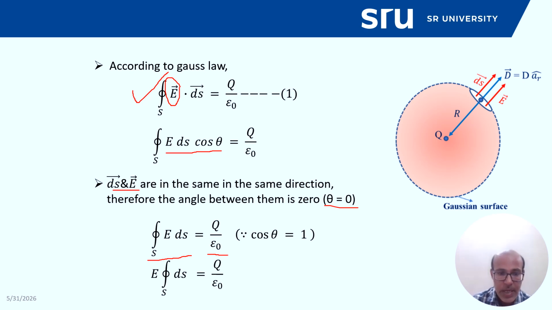What this integral ds represents is that you are trying to find the total surface area of this sphere, because if you increase this elemental surface further, eventually it covers the entire surface area of the sphere.